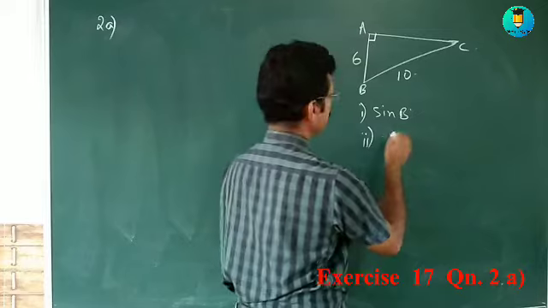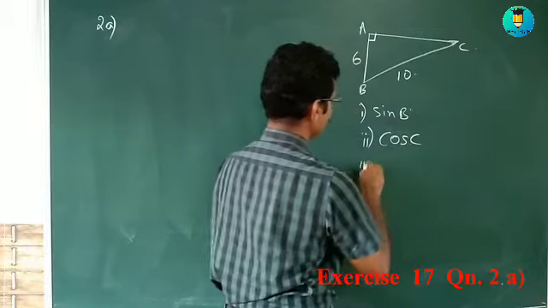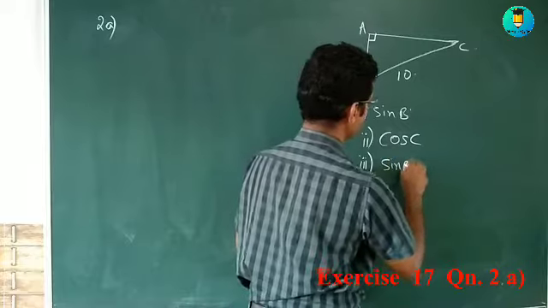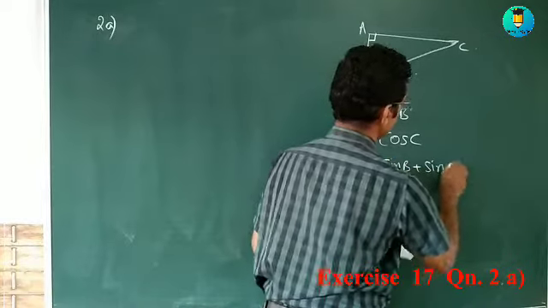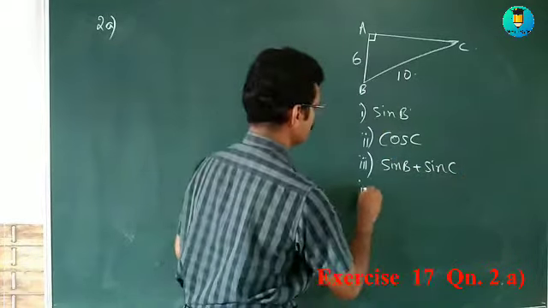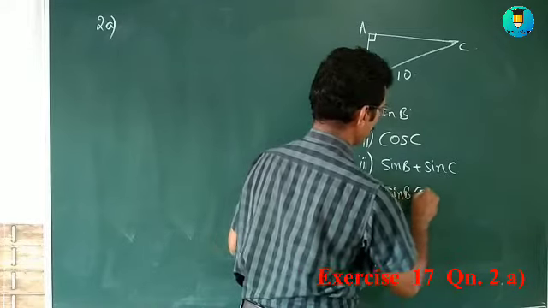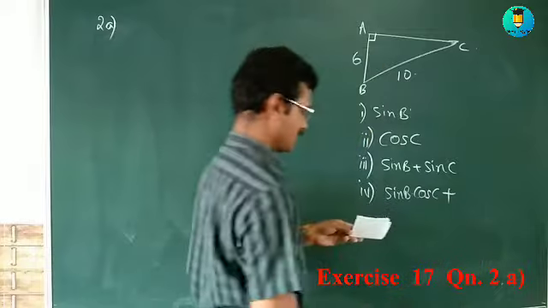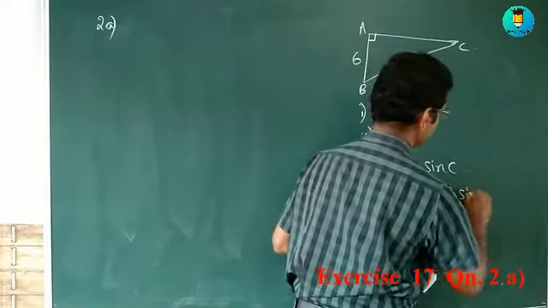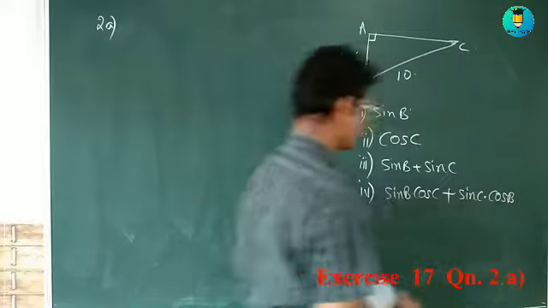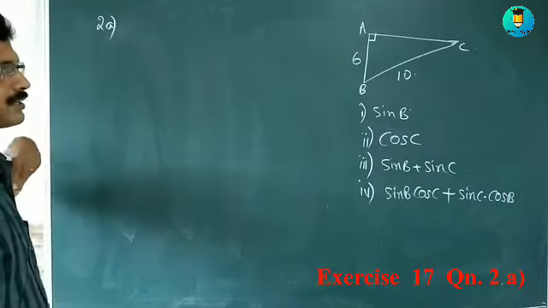Second part, cos C. Third part, sin B plus sin C. And fourth part, sin B into cos C plus sin C into cos B.